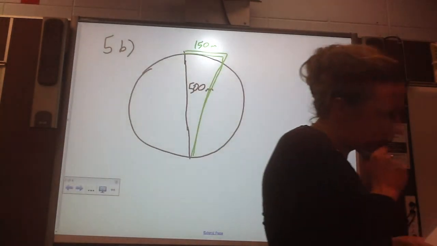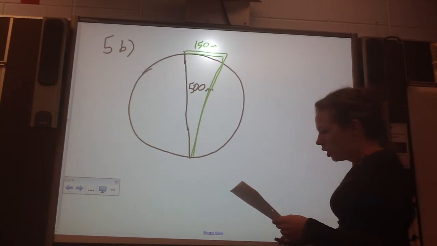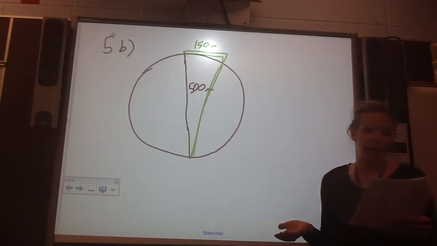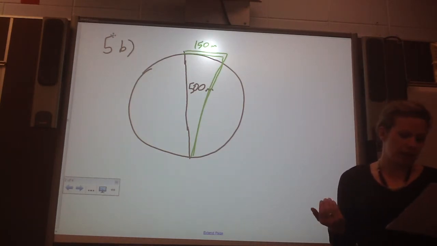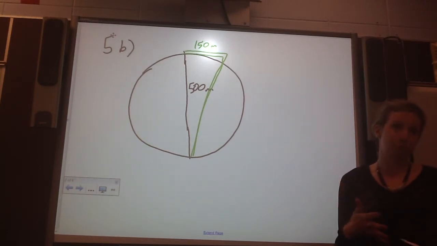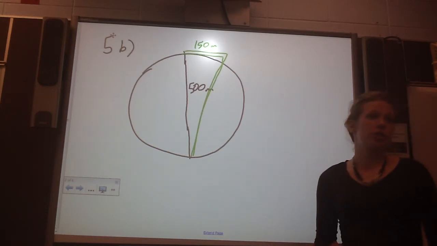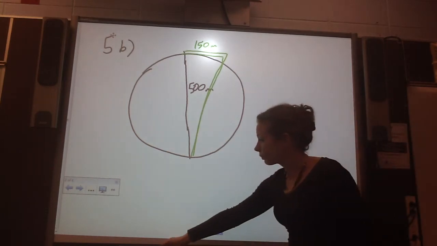Then it asks us to find displacement. Determine distance and displacement. So in this case, the distance and the displacement are going to be the same thing, except that displacement has the direction added to it. So to find this out, we just use Pythagorean's theorem.